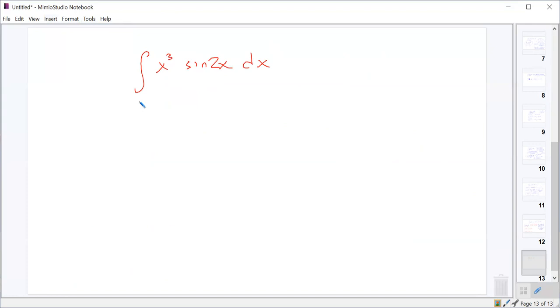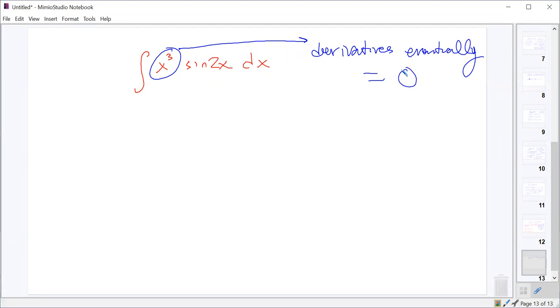But we would note that if we try to use integration by parts, we're going to end up having to use it over and over and over again, like 3 different times to get to the final answer. We can get around that if one of our functions, the derivatives, eventually equal 0. Right? And so if I take the derivatives of x cubed, the derivatives of that will eventually be 0.